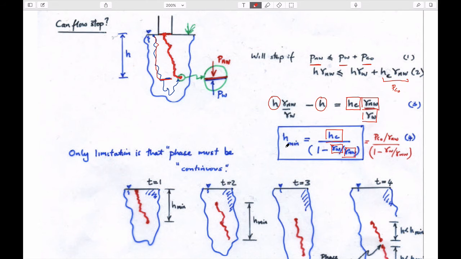And physically, what I think it says is that this length here has to be at least equal to h min before it will keep on moving. If the height h is greater than h min, then it goes, for want of a better word, goes down.